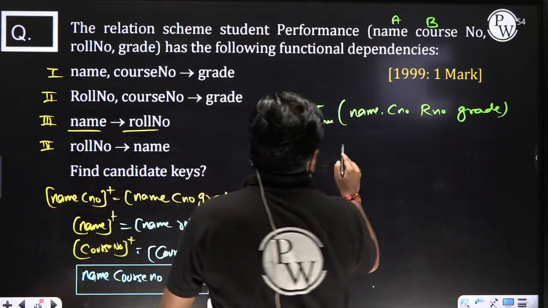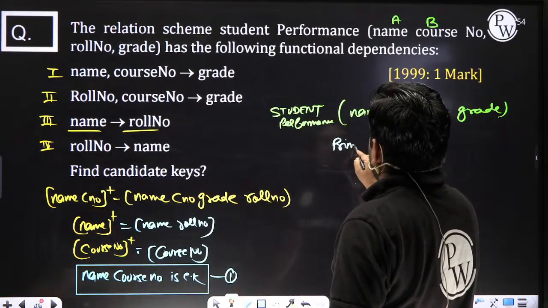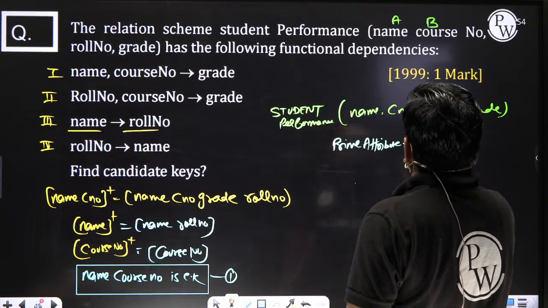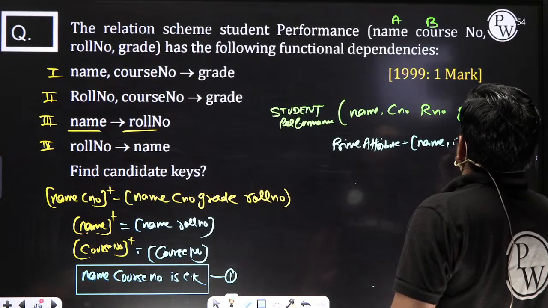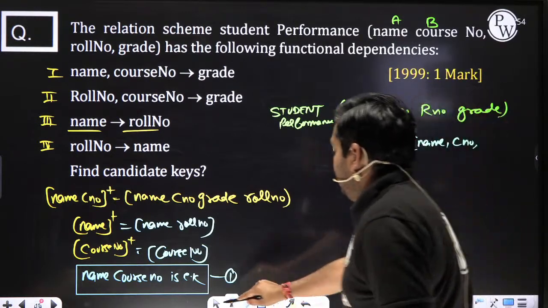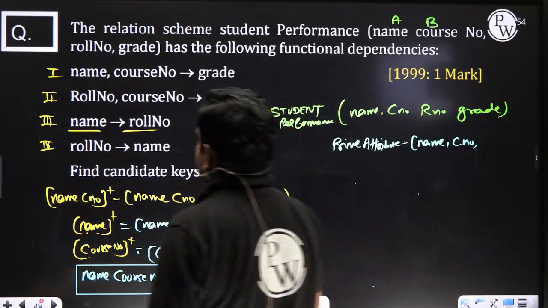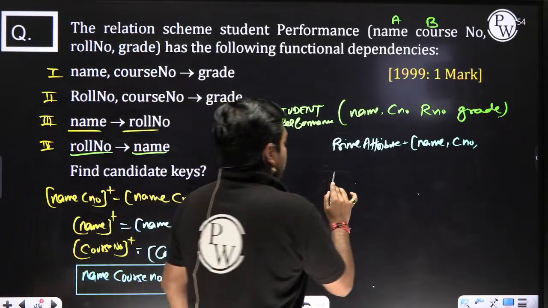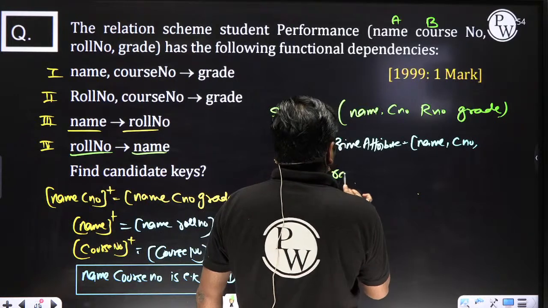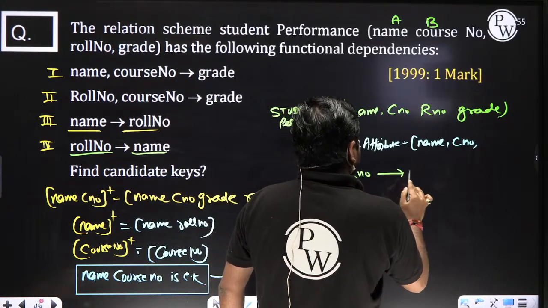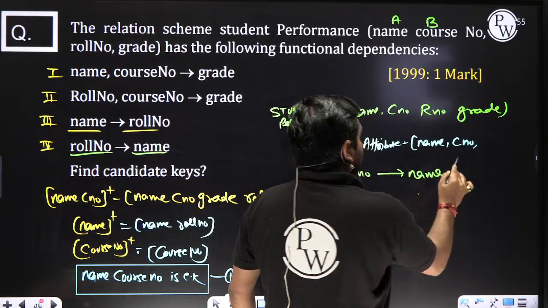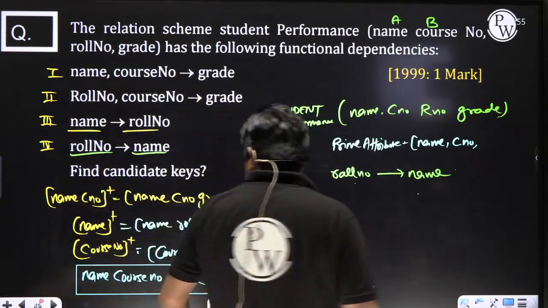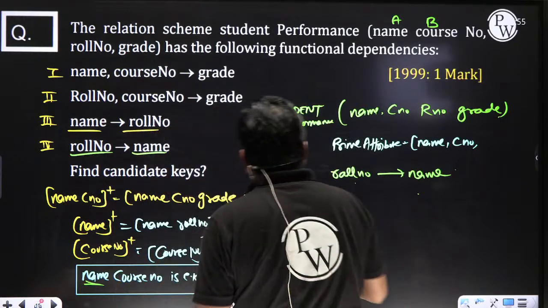Now, prime attribute. Name. Okay. Now you can see, my dear, name is determined by roll number. Meaning you can replace the name with the help of roll number.